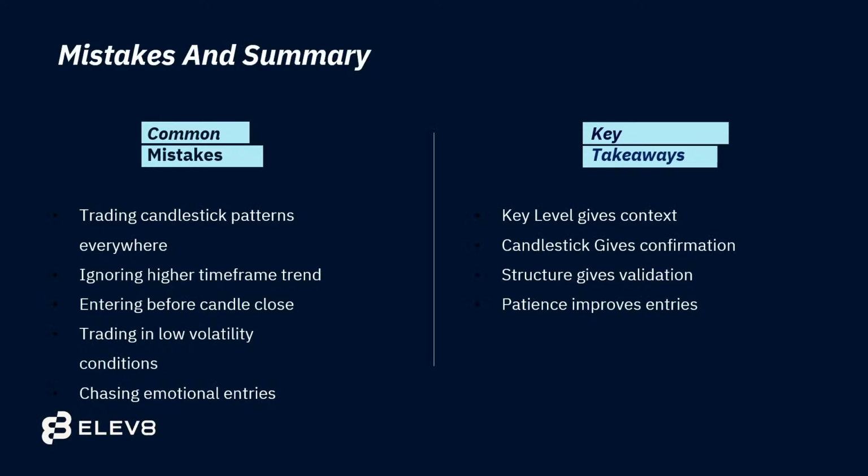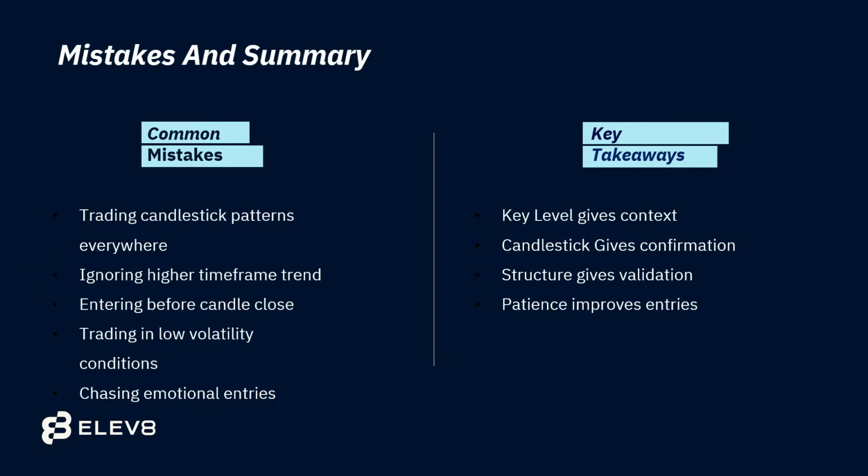All right. Before we finish, let's recap the biggest mistakes again. Trading candlestick patterns without context is very, very dangerous. Ignoring the higher time frame trend is also a big mistake. Entering before candle close, once again, you need the confirmation.